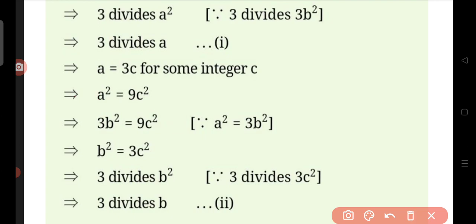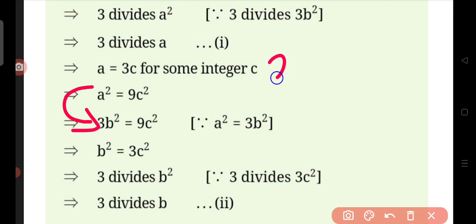Then we can put the value of a square in this equation. So a square is equal to 3b square is equal to 9c square. So we can say b square is equal to 3c square.